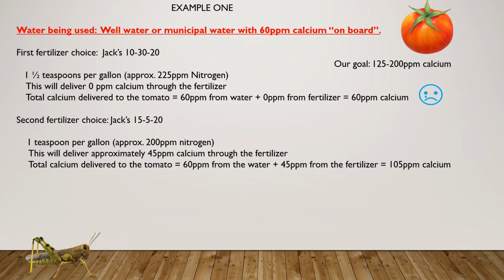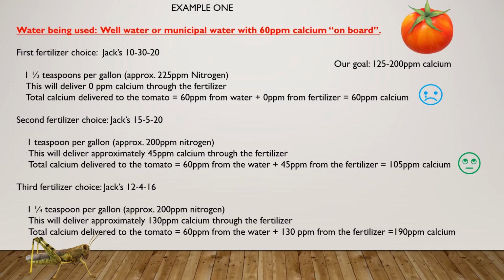The water will deliver 60 parts per million. That's the onboard calcium in our municipal or well water. So we get 60 plus 45. So we'll be delivering somewhere in that 105 parts per million calcium to our tomato plant. Not quite where we'd like to be, but it's not bad. It's one that you could probably get away with.